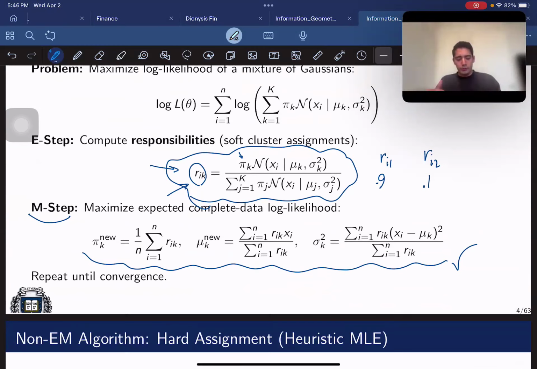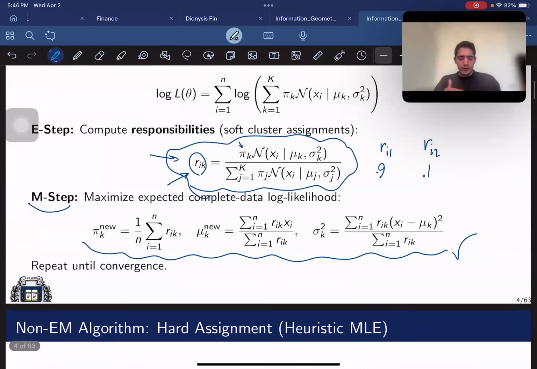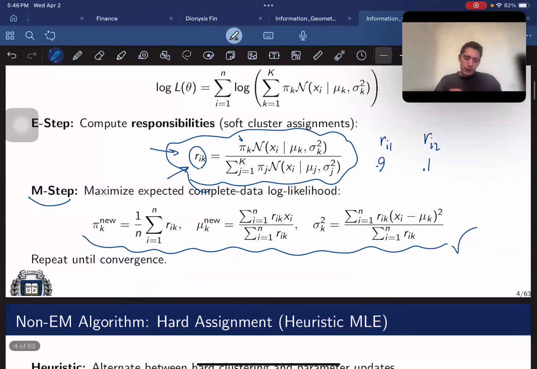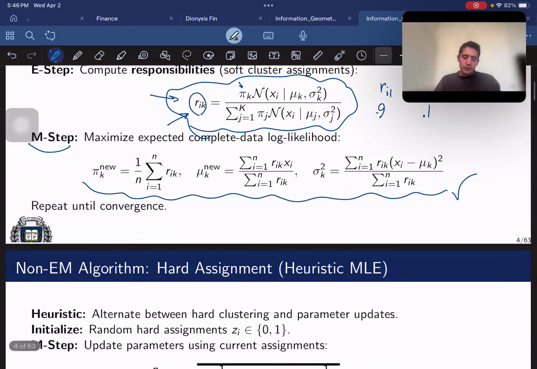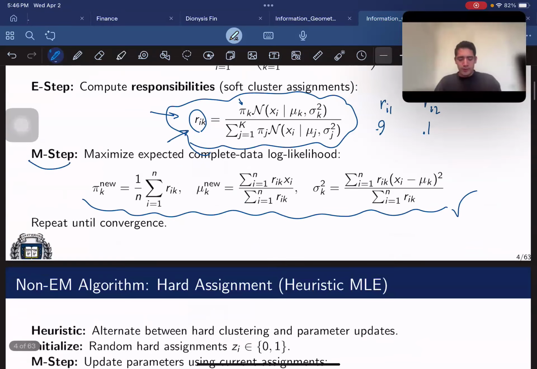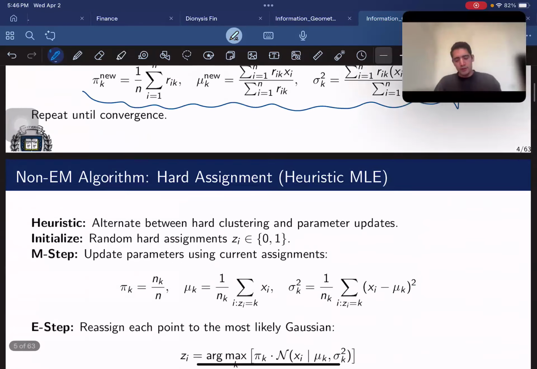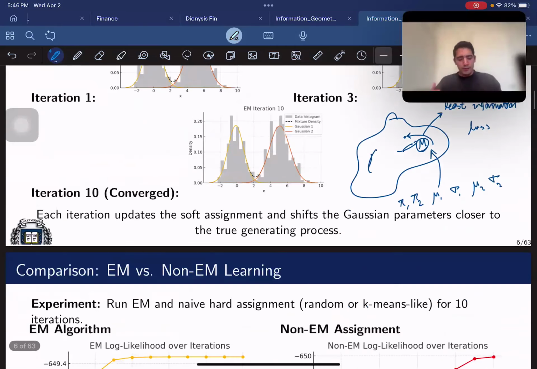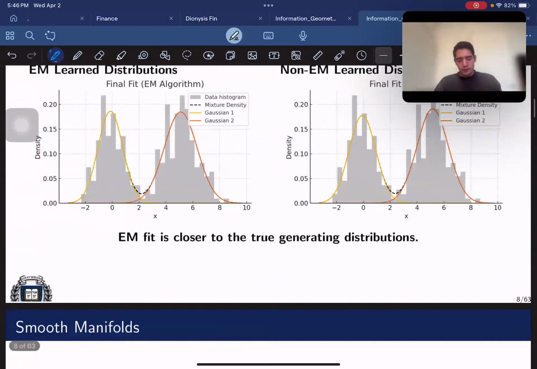So what is the E step doing? That's the core of this, and in the next session we want to discuss and develop the tools to see what this algorithm essentially does in the language of information geometry. Okay.